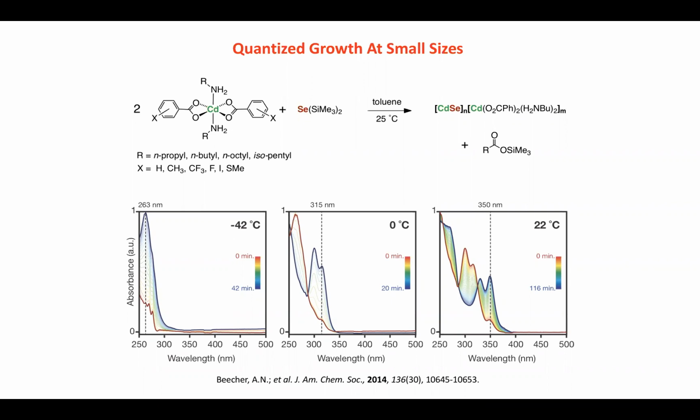And the interesting thing about this particular plot, but also this one, is that there are these points in the spectra where all of the spectra cross. Those are called isosbestic points, and they are an indication that there are two species present that are interconverting in a way that is conserved. So all the material is conserved in this reaction, and it's really just two objects or families of objects that are interconverting.